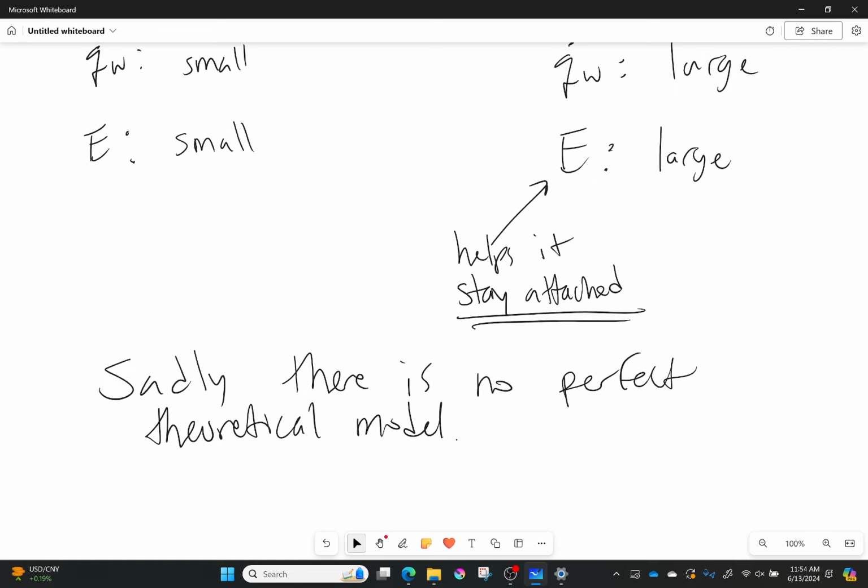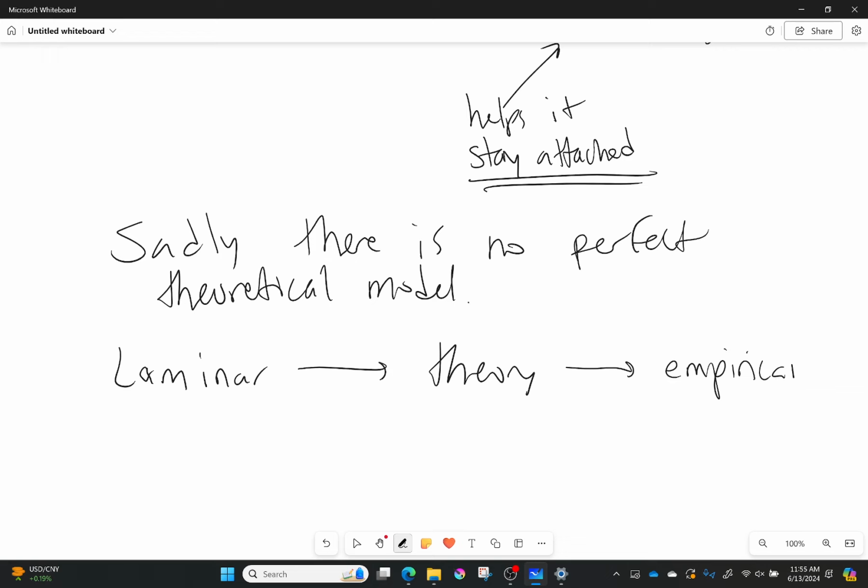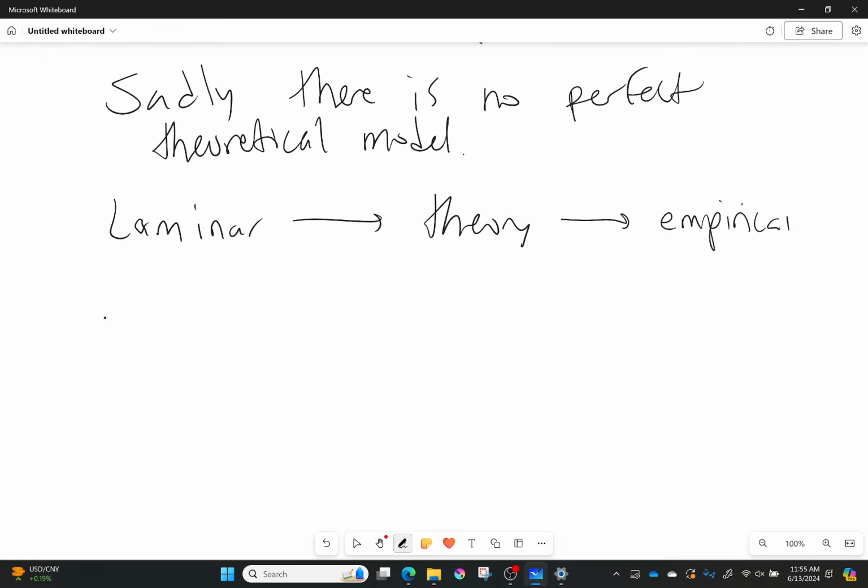We don't have that for turbulent. For laminar, we go to theory first, and then from that we might check it with experiment. For turbulent, we can't do that. We have to go straight to empirical, using things that have been developed in the past based on experiment to understand what's going on.